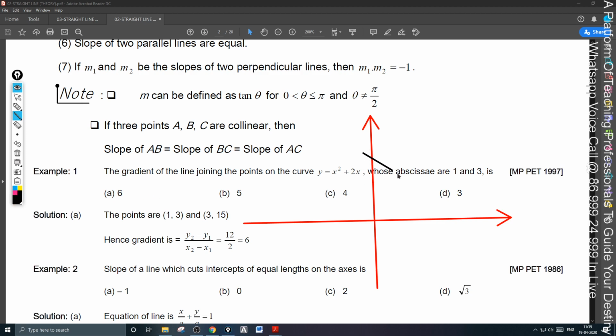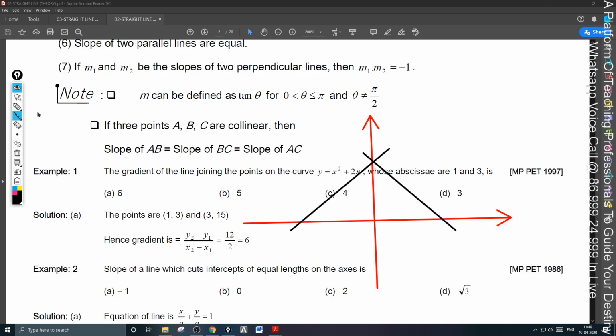If this is a line making equal intercepts on the axis, similarly you may have one more line like this which is making equal intercepts on the axis.